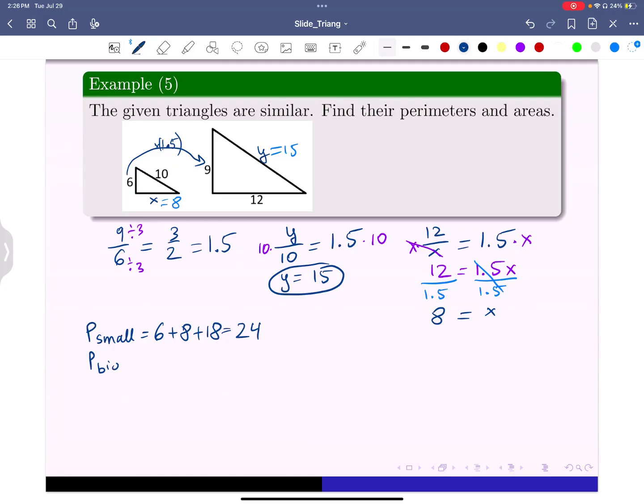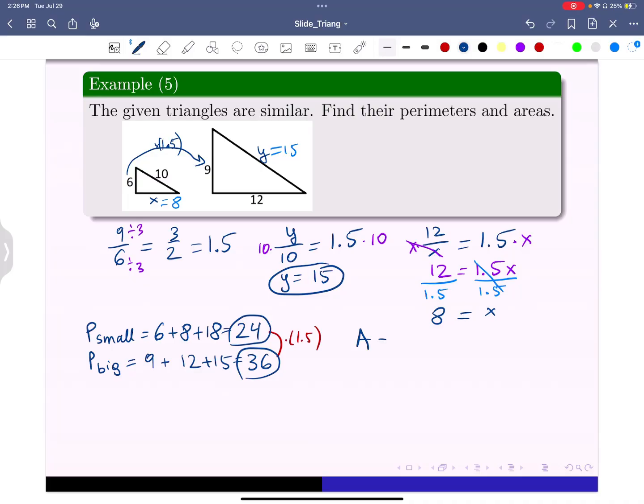Perimeter big would be 9 plus 12 plus 15, and that gives me 36. And it should be the same as if you multiply times the scale 1.5. If you multiply 24 times 1.5, that should give us 36. But this is the small perimeter, this is the big perimeter.